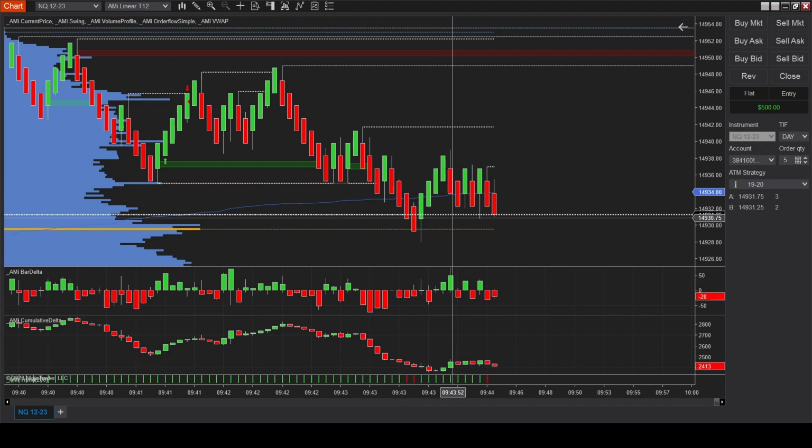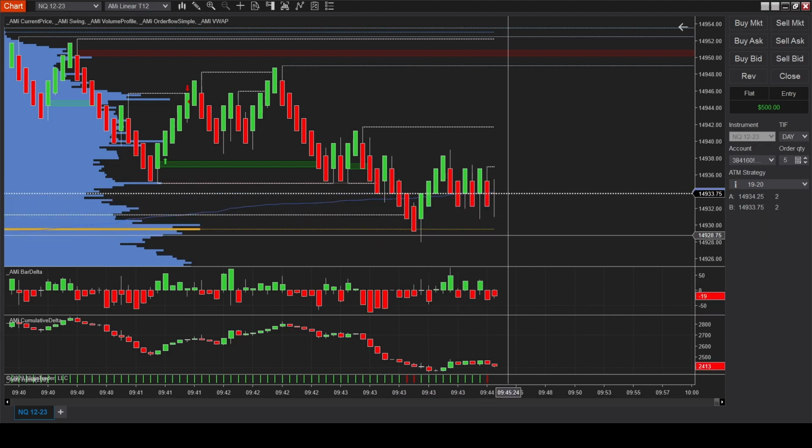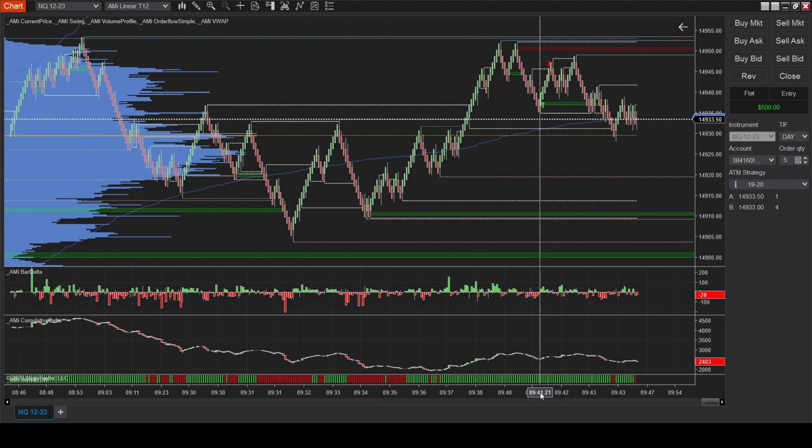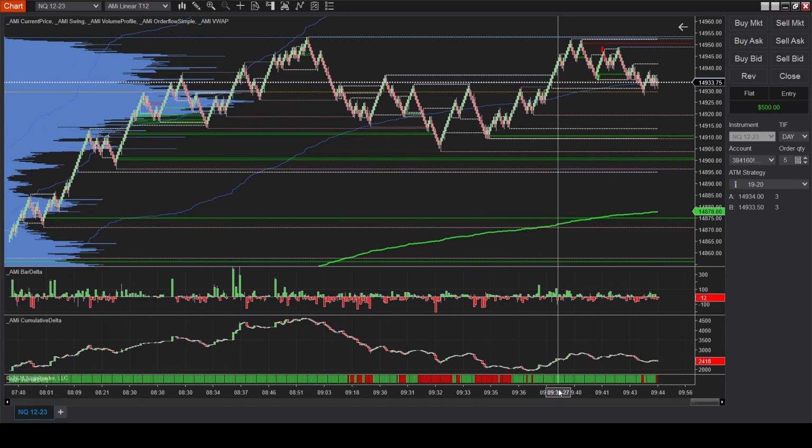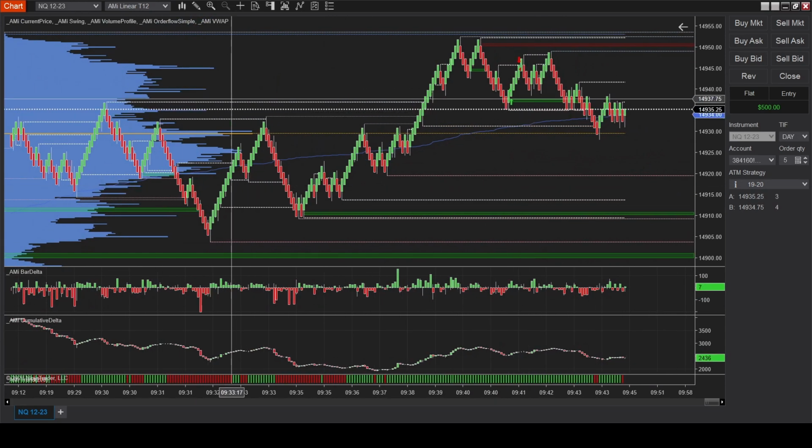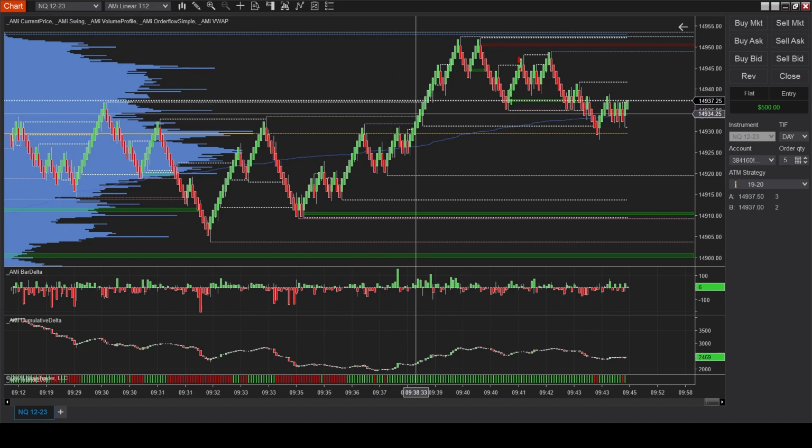Lots of chop right now around current point of control, and one deviation of VWAP. We're sitting at the top of the range of that prior consolidation zone.